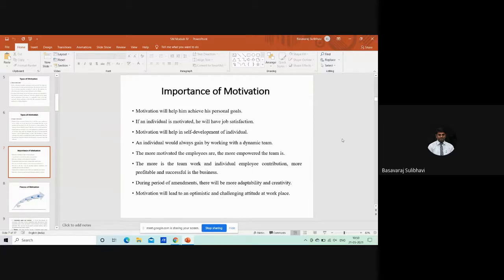Any amendments or changes may happen, maybe in HR policies, sales policies, or compensation policies. There may be different policies that people have accepted at present, and any minor changes may happen.